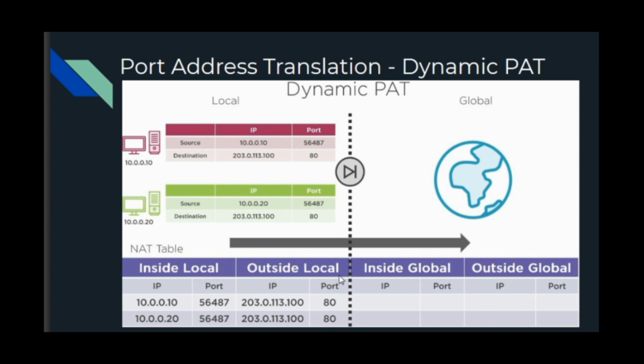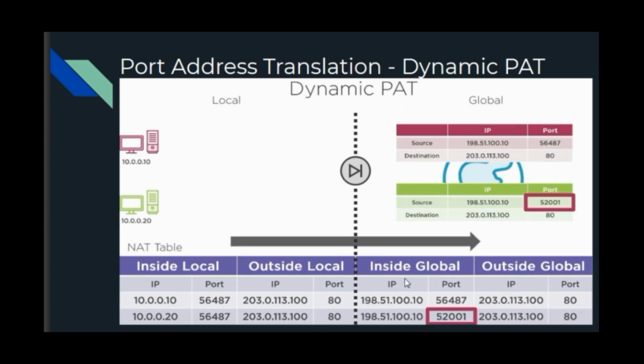Inside global means our WAN IP, the interface IP of our firewall. In inside global we have one IP address, so we have mentioned that IP address, but we are changing the source port because we have only one IP address.